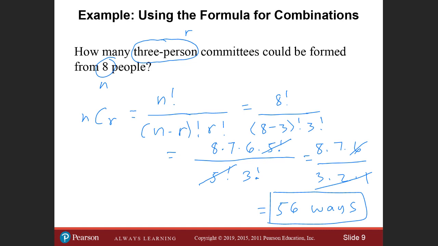It gives you the same number, 56. Okay, so you can do it in two different ways: using the formula here or using the combination function in your TI-83 or TI-84 Plus or any scientific calculator that you have. Just find the function.